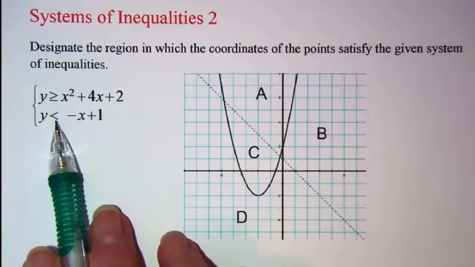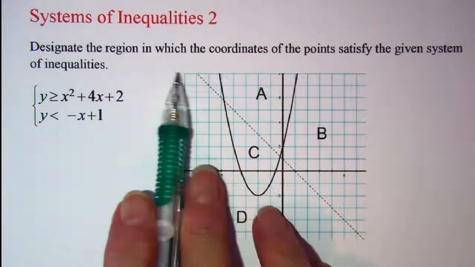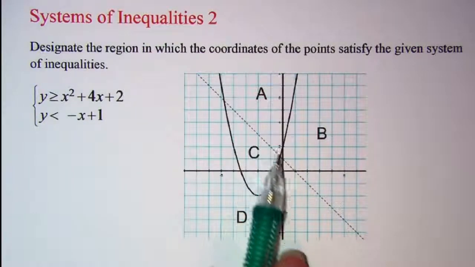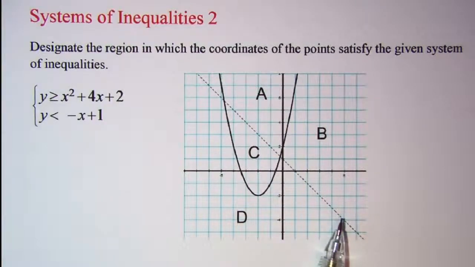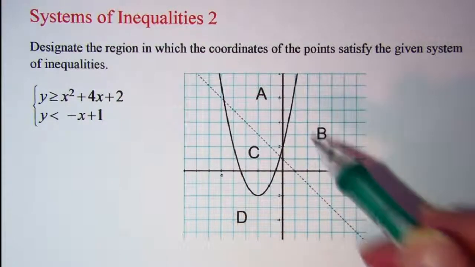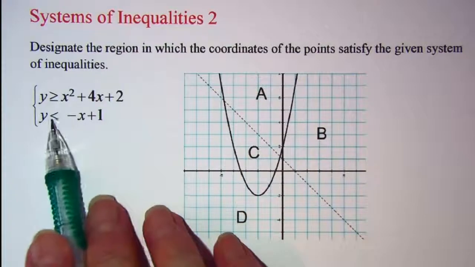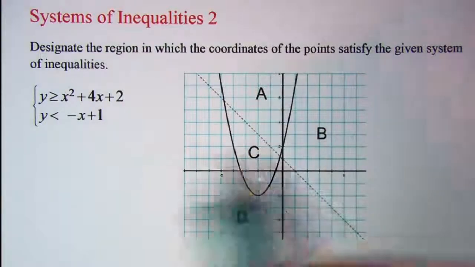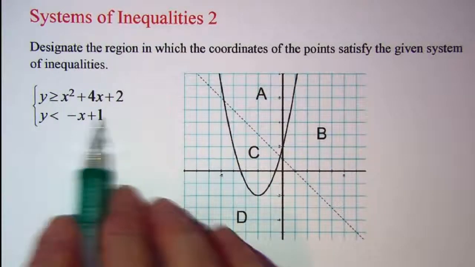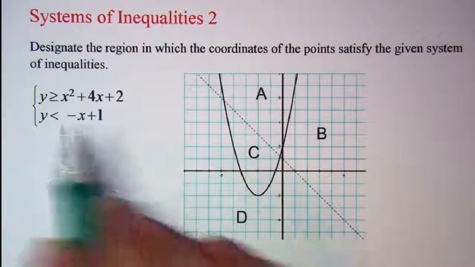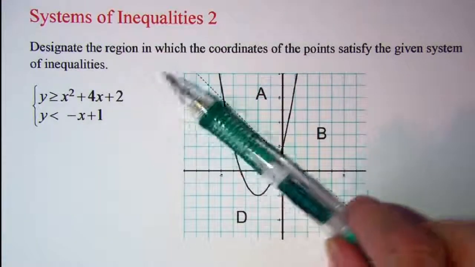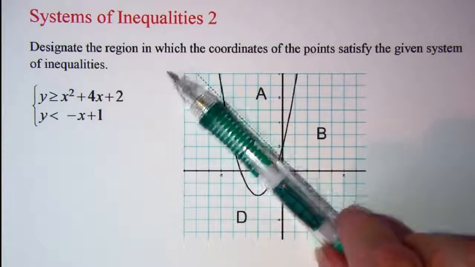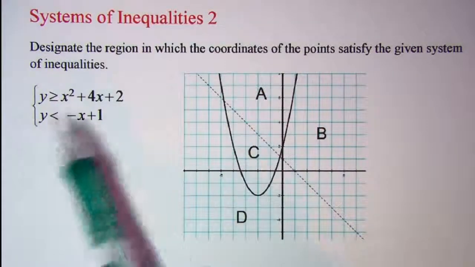Since this line has just the less than symbol, not less than or equal to, the graph of that line is a dotted line. Since this is a less than, and it's in y equals mx plus b form, I'm going to pick a point that's down below the line, since this is less than.